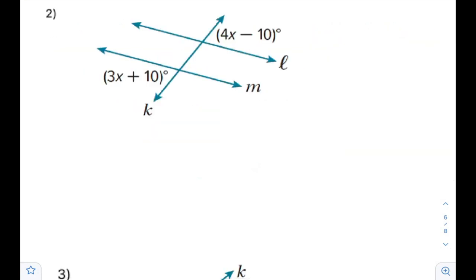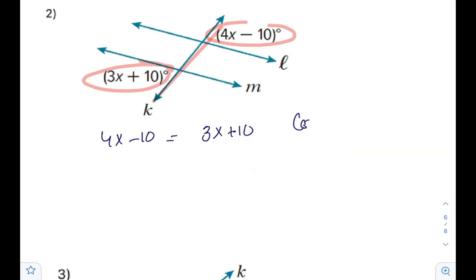Here, what is the position of the angles we have, and that they are on this transversal cutting lines L and M. For the lines L, M to be parallel, 4x minus 10 should equal 3x plus 10, using the converse of alternate exterior angles theorem.